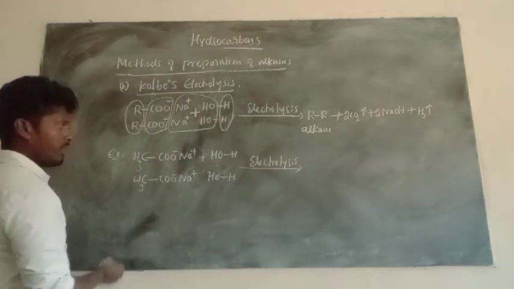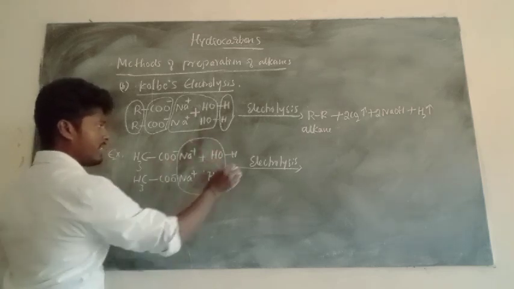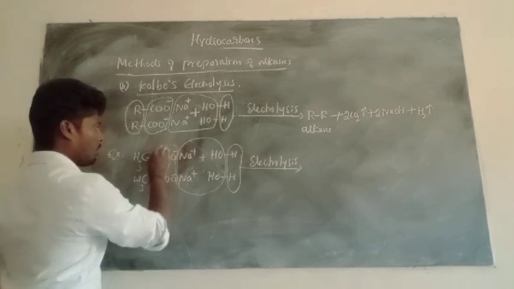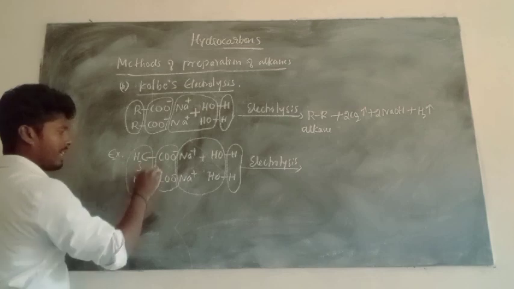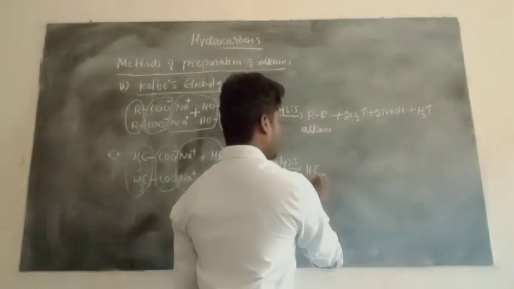What do you get? Observe, Na and OH become NaOH, then H and H become H2, then COO becomes carbon dioxide, and CH3 and CH3 become ethane, that is CH3-CH3.